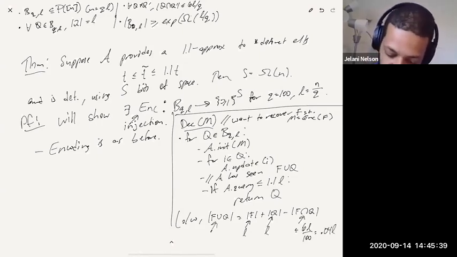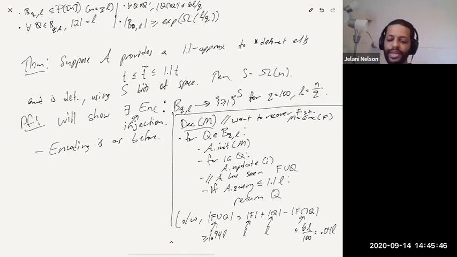In other words, this thing here is going to be at least 1.94L. So it's either going to say an answer that's less than 1.1L, or an answer that's bigger than 1.94L. So, that's it.